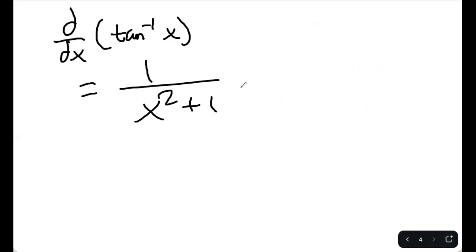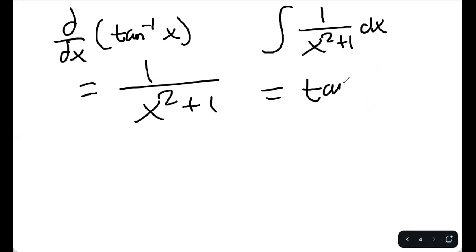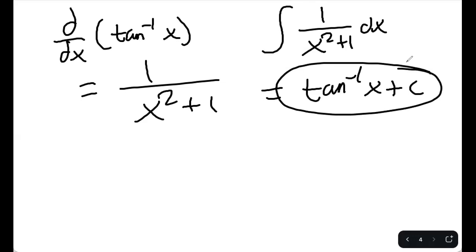So if somebody asked you what's the integral of 1 over x squared plus 1, you could say this has to be tangent inverse. That was one of the 18 formulas, one of those things you have to memorize.